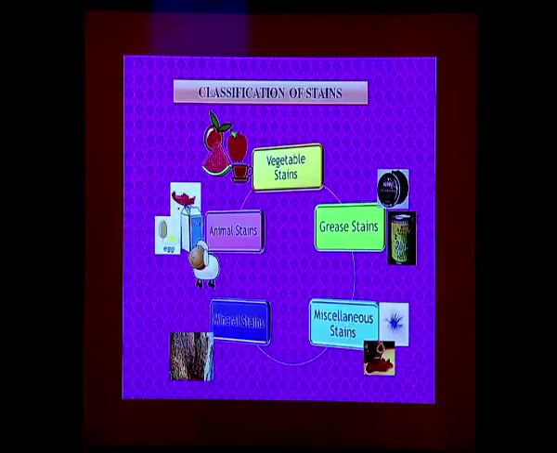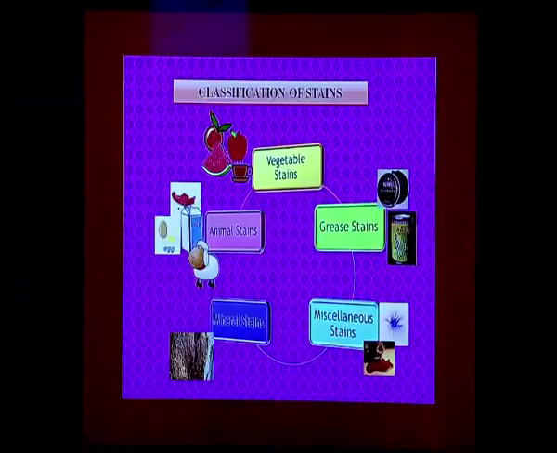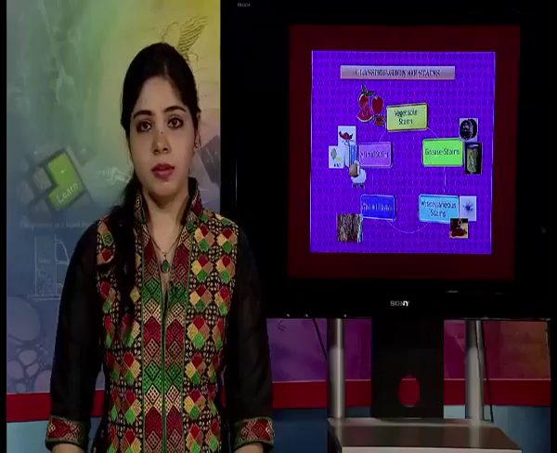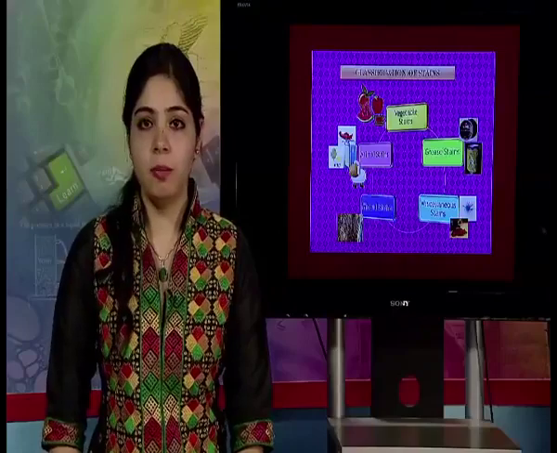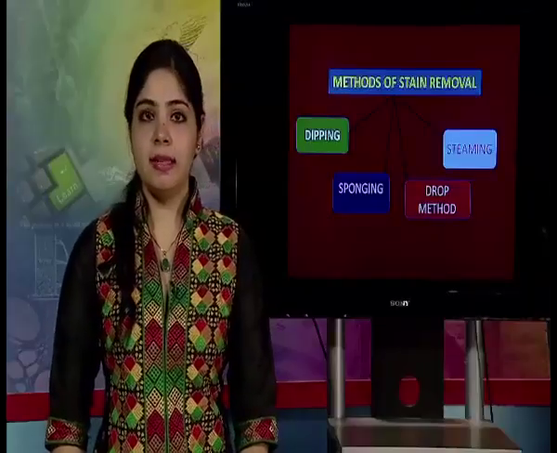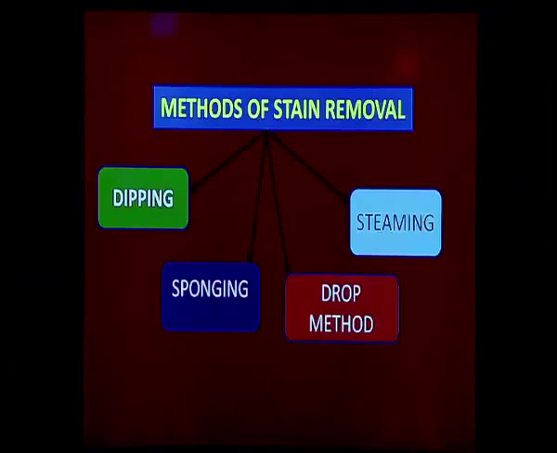Next is grease stain. Shoe polish and lipstick are examples of grease stain. The last is miscellaneous stains, which are those we get from day-to-day life, for example, an ink pot stain or a drop of lipstick stain. To remove all these stains, we have different methods like dipping, sponging, drop method, steaming.